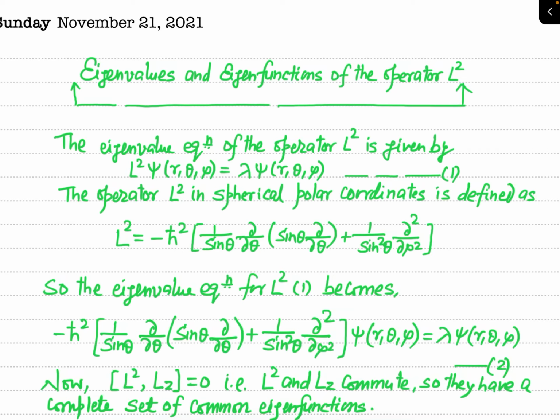So we will solve the problem in spherical polar coordinates. Let us write first of all the eigenvalue equation of the operator L square.